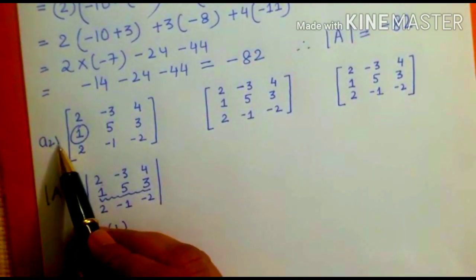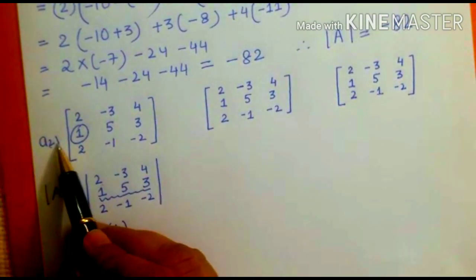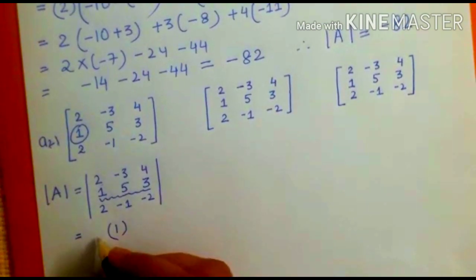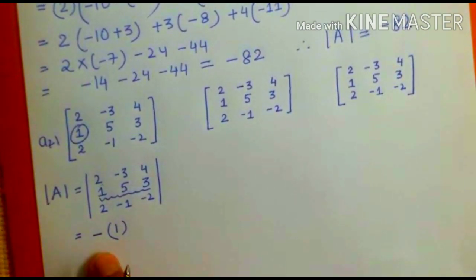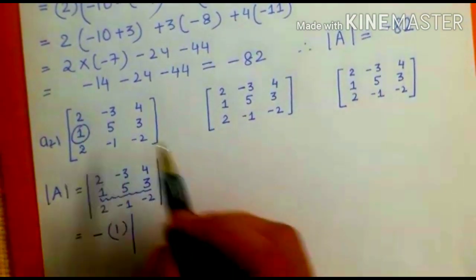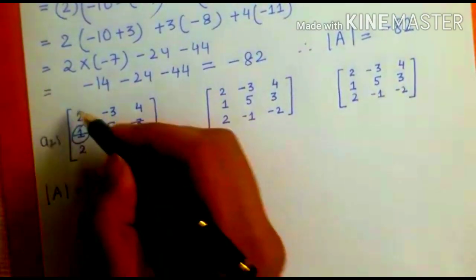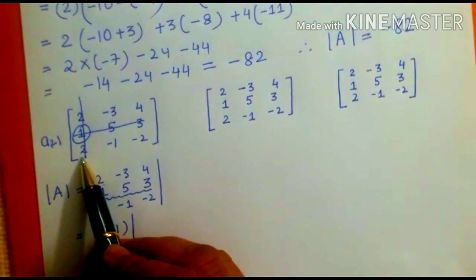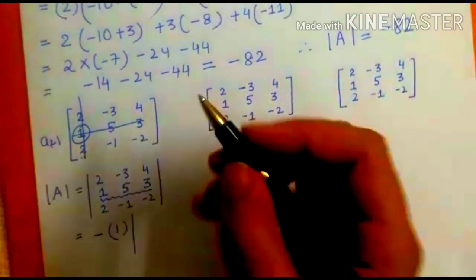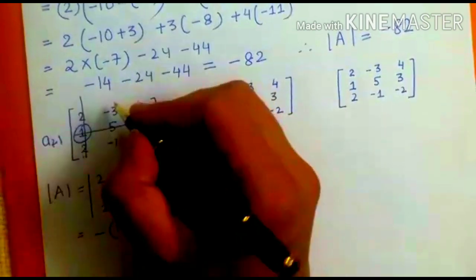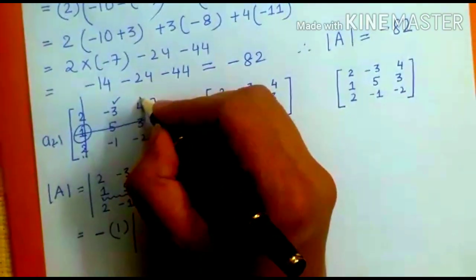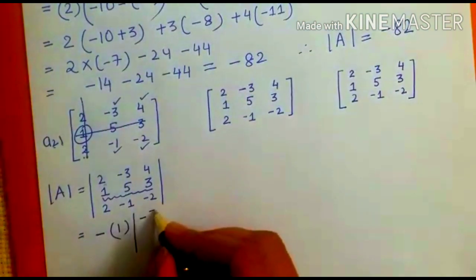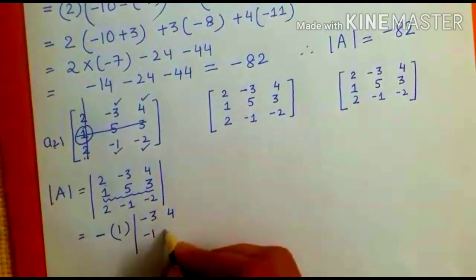And here i plus j will be 2 plus 1 equals to 3, which is an odd number. So I'll take here negative sign. Now delete the row and the column in which this element lies. So after doing the deletions, I am left with submatrix with elements minus 3, 4, minus 1, minus 2. So its determinant will be this.